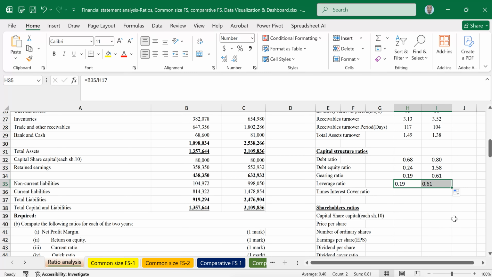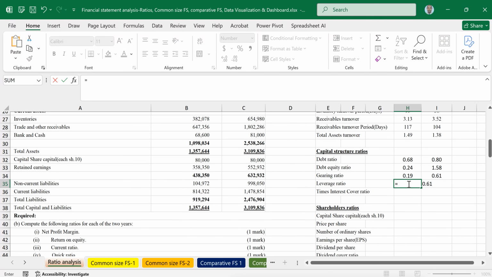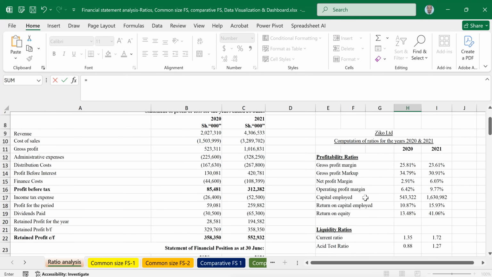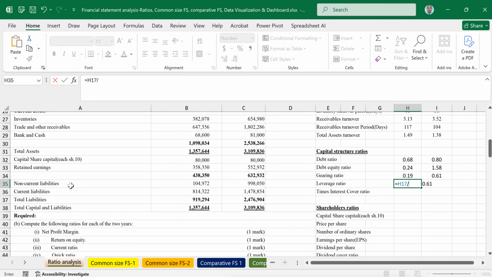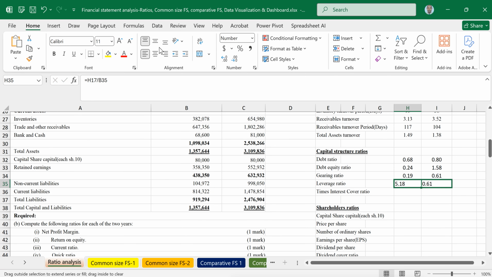So we change. Now pick the capital employed and divide that with the debt capital, that is the non-current liabilities here. That will give you 5.18. You can just drag across after you've gotten that.